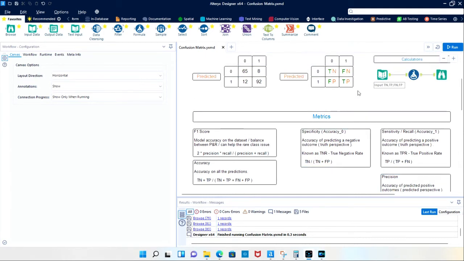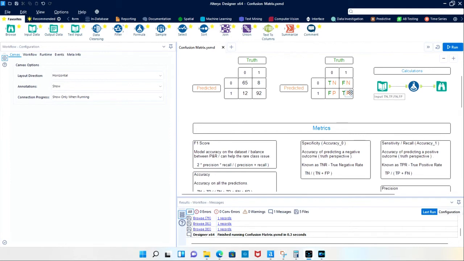So it's true positive on the predicted perspective, which means it's going this way, right? So precision is looking at true positive on the predicted perspective, while sensitivity and recall is looking at true positive from the truth perspective. It's two different perspectives here, so it's important that we distinguish it.